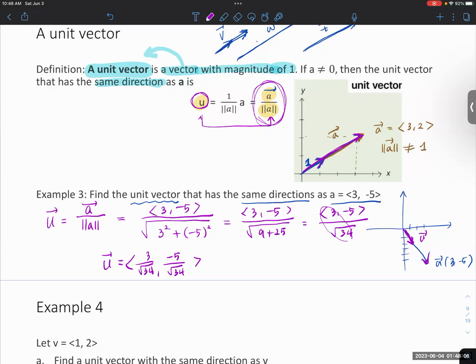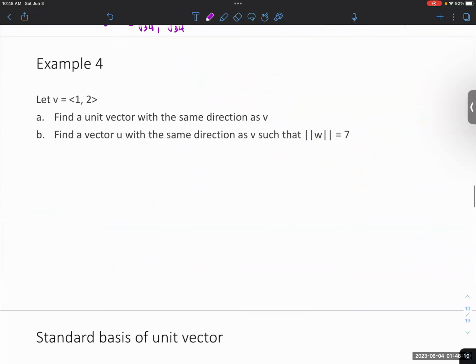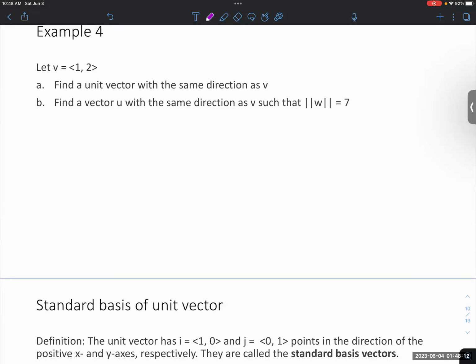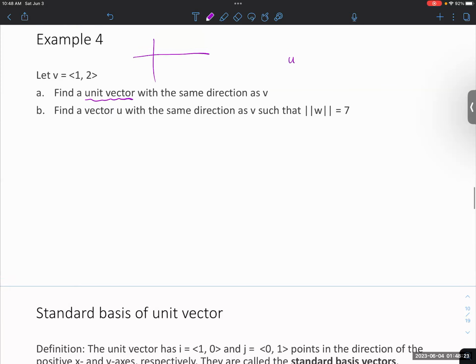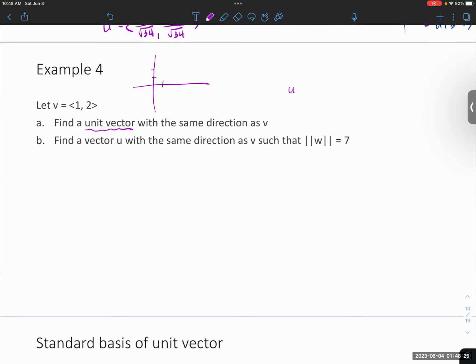So let's take a look at the following question. Example 2: find the unit vector. So one more time, practice. I want to find out the unit vector. In this graph, we have 1, 2. So this is a vector V, and I want to find out the unit vector somewhere here, same direction.